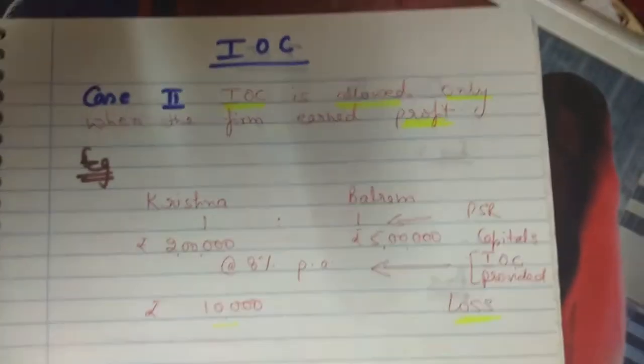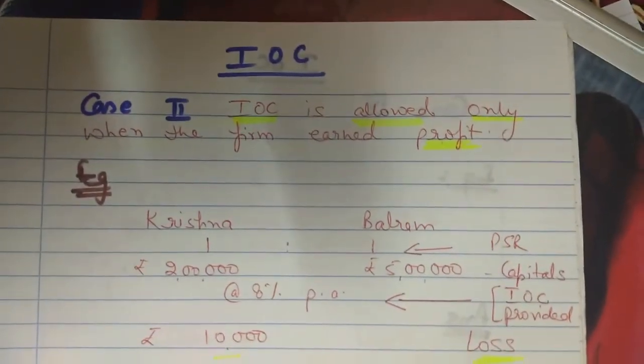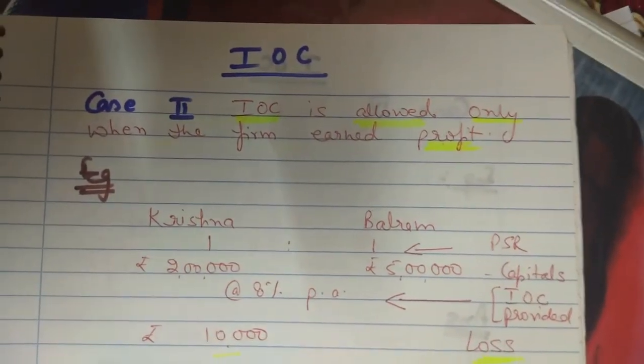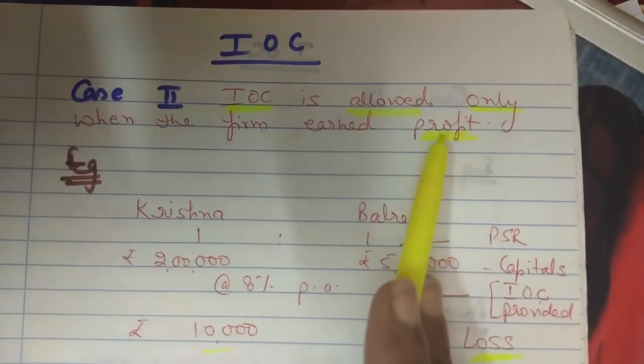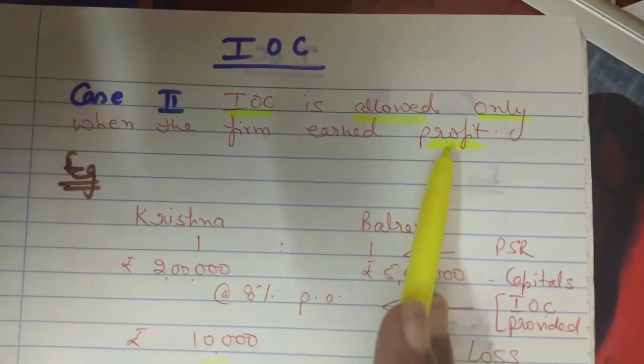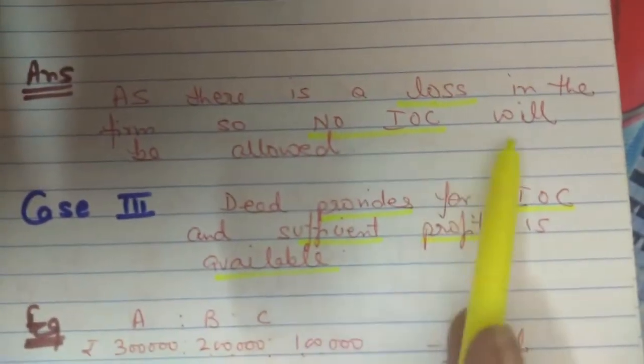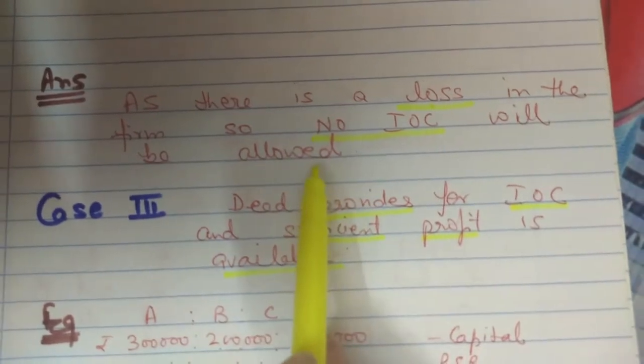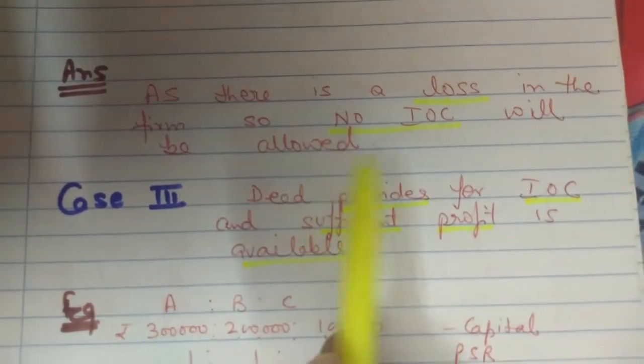The case is IOC is allowed only when the firm earned profit. That clearly means if the firm incurred a loss, then no IOC will be given to any partner, right?